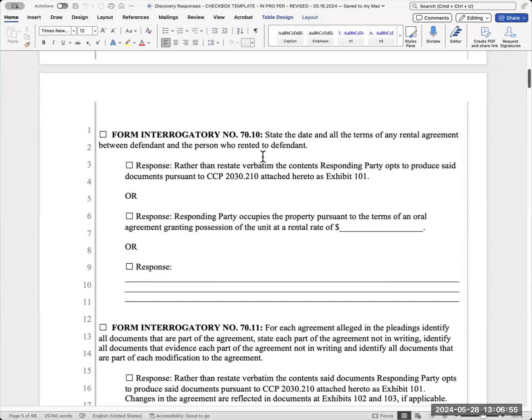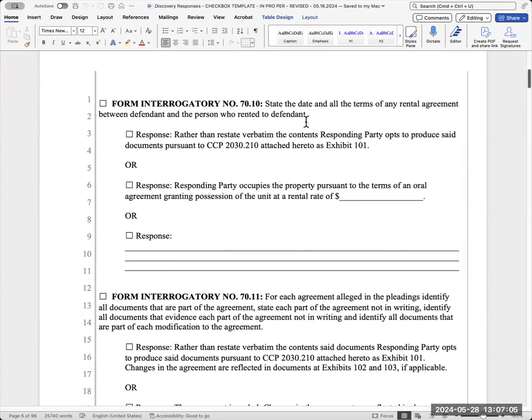Form interrogatory 70.10. State the date and all the terms of any rental agreement between the defendant and the person who rented to the defendant. Now, this is basically asking you for the contents of your lease or rental agreement.